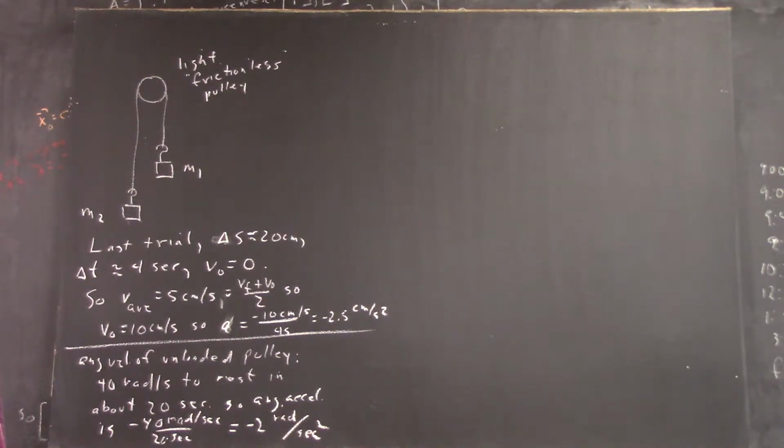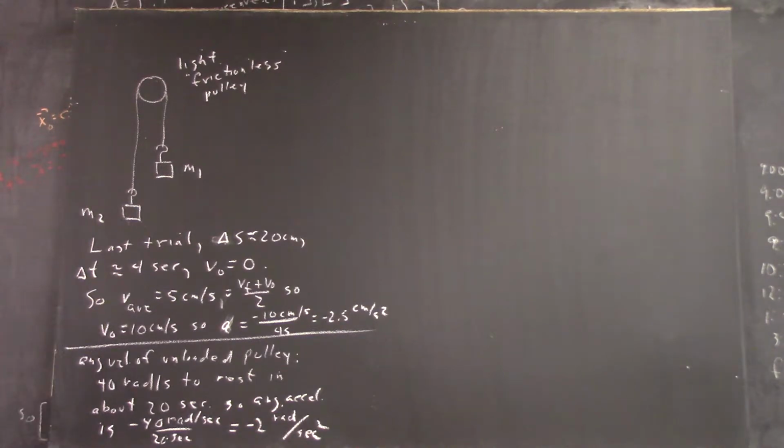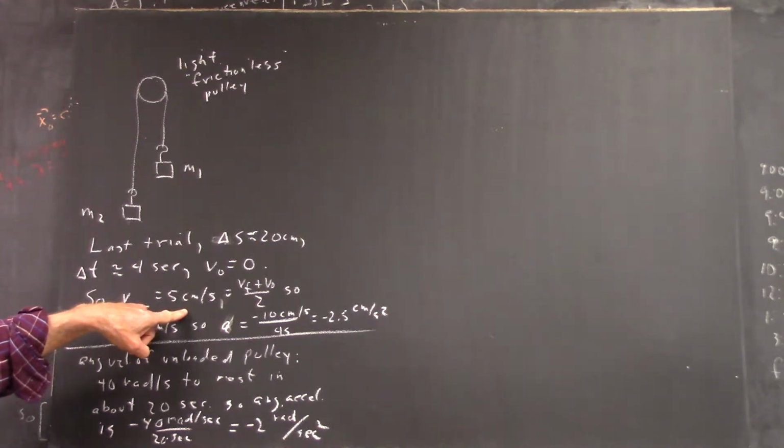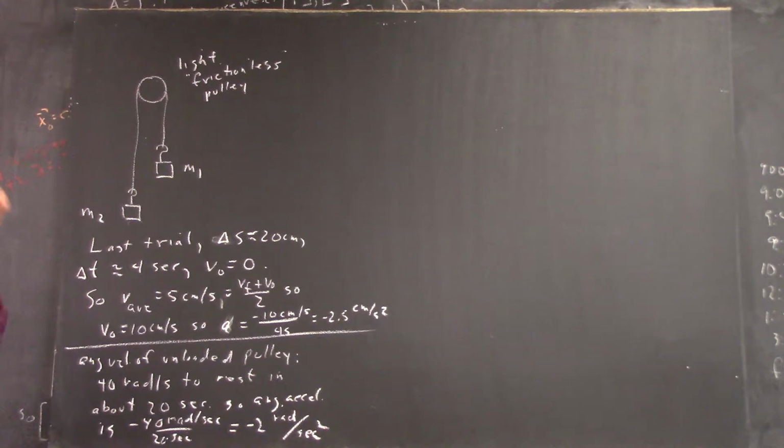Okay? Very simple. You could also use the equations of motion, but it's totally unnecessary when you have an initial velocity of 0 with this kind of information. You can get it much quicker, you can pretty much do it in your head. Elam did this much in his head. That was initial velocity, right? Our average velocity. Okay?